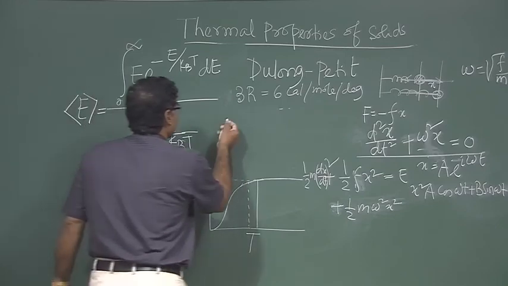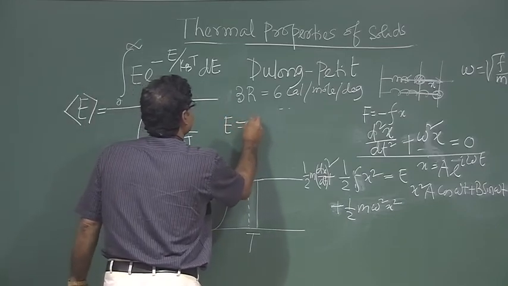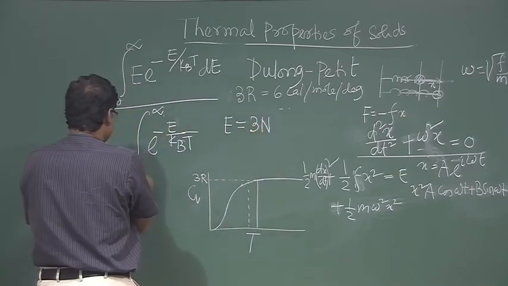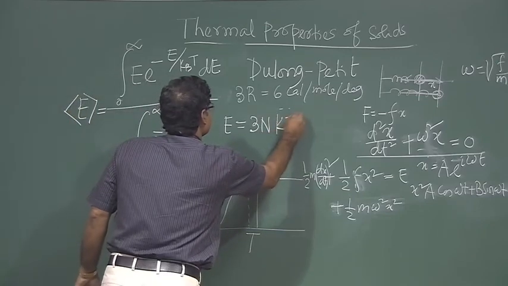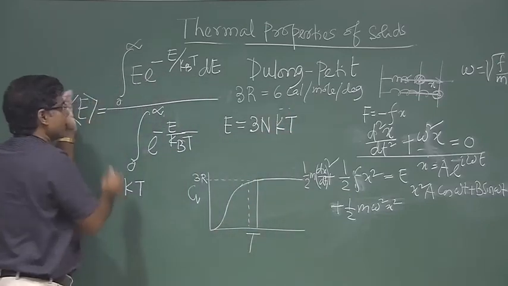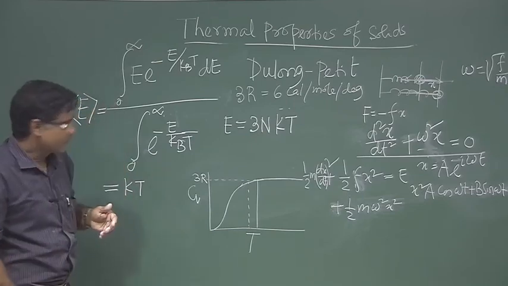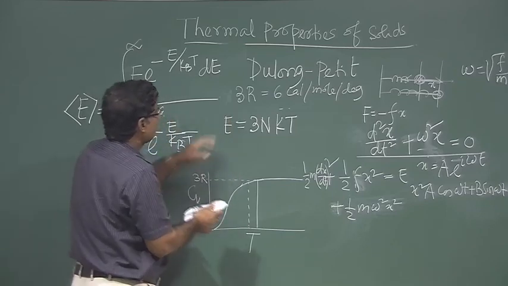So, the total energy of the system will be E equal to 3n times kT, where for each degree of freedom the energy is kT. Whatever average energy we are getting here is basically for each degree of freedom.